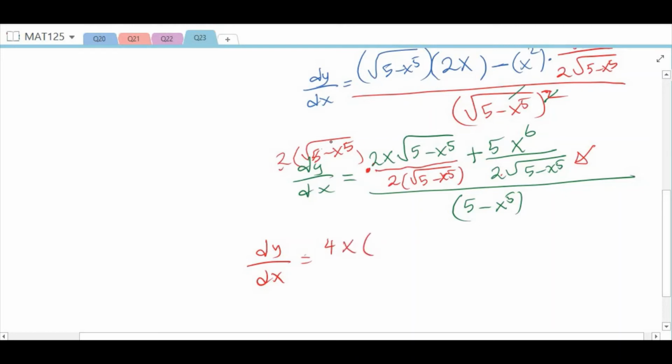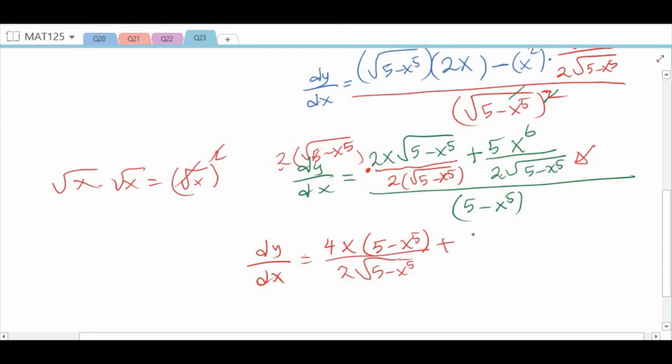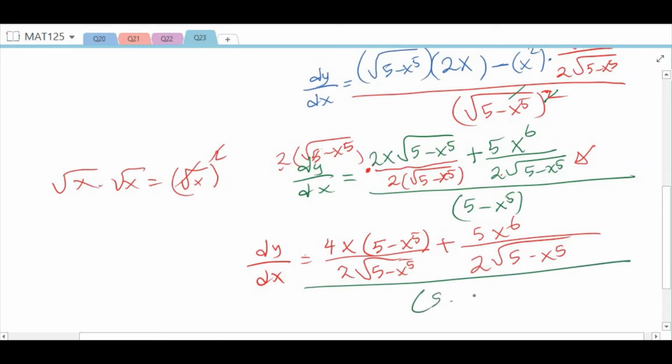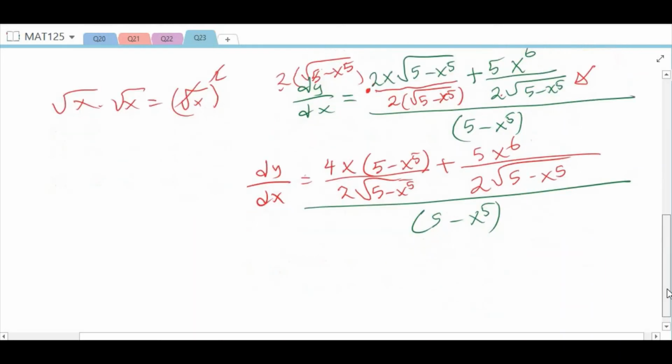When you multiply two radicals that have the same expression underneath, you remove the radical and you have 5 minus x to the fifth, because a radical times a radical is the radical squared, and the square removes the radical. That's over 2 square root of 5 minus x to the fifth, plus 5x to the sixth over 2 square root of 5 minus x to the fifth. And then that is the numerator over 5 minus x to the fifth, which is the denominator.